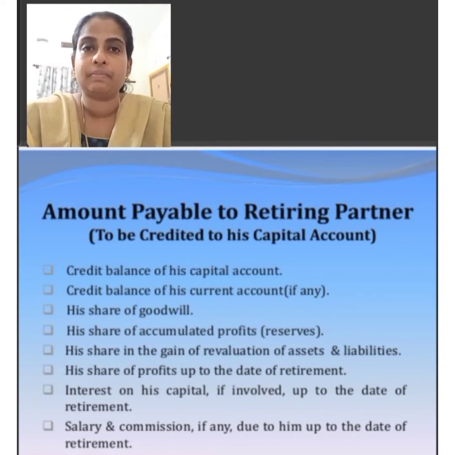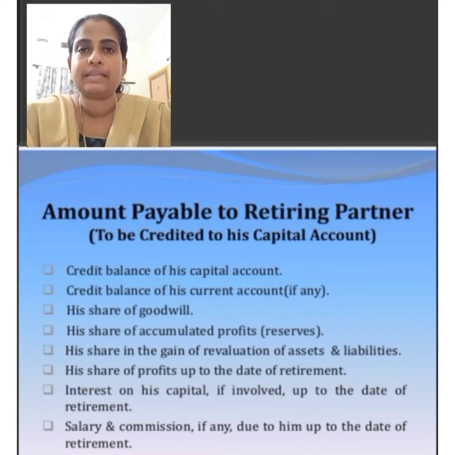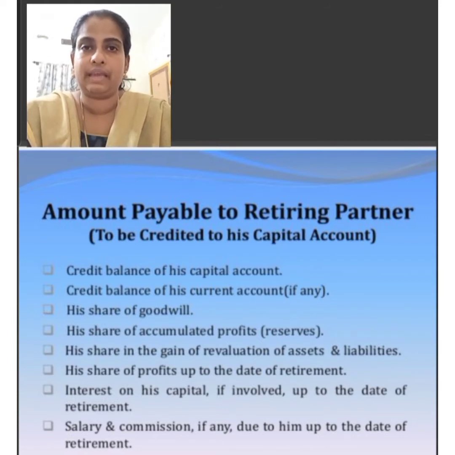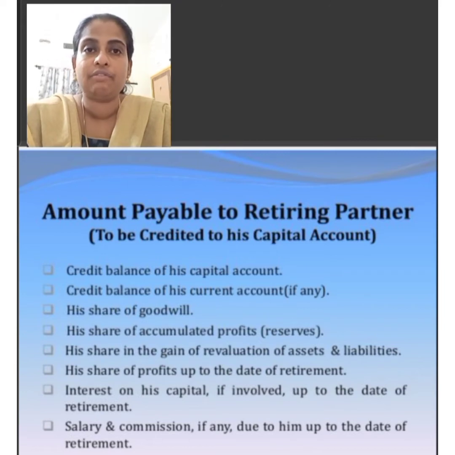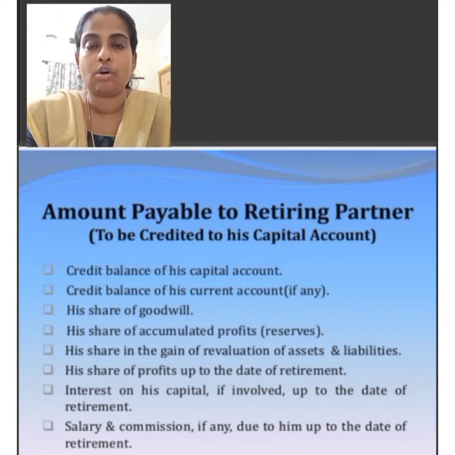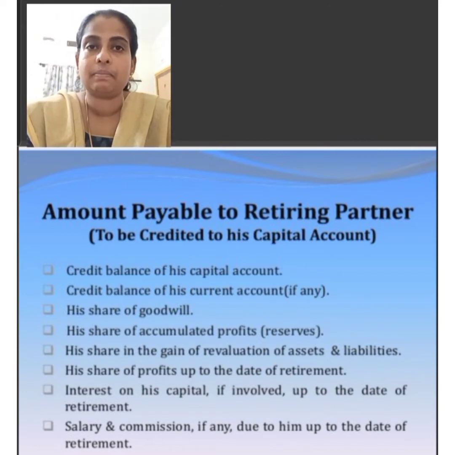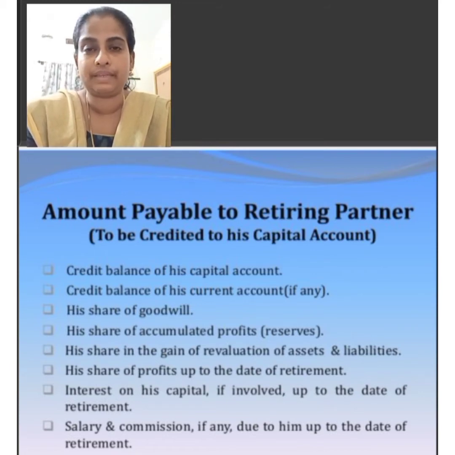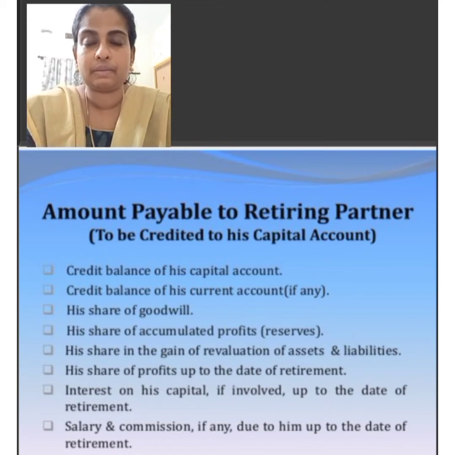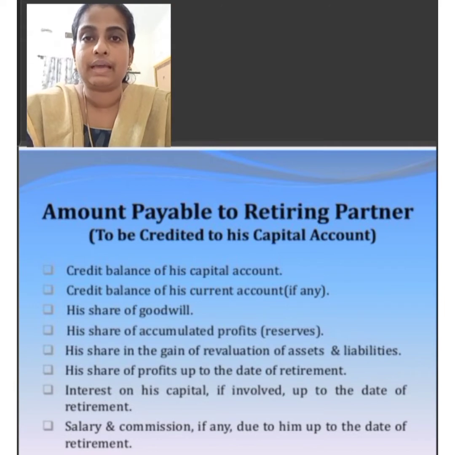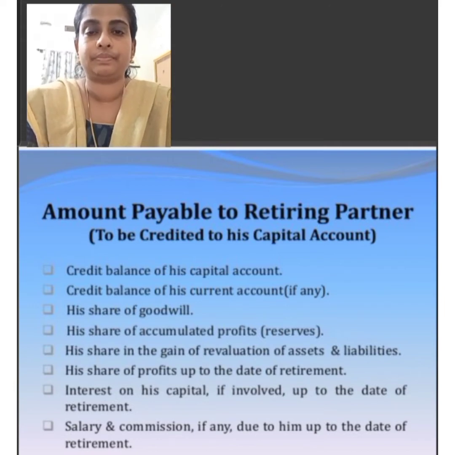While preparing the retiring partner's capital account, his capital balance as on the date of retirement will be placed on the credit side of his capital account as "by balance brought on". If there is any negative balance given in the problem, that is an unfavorable balance, enter that amount on the debit side of the retiring partner's capital account as "to balance brought on".